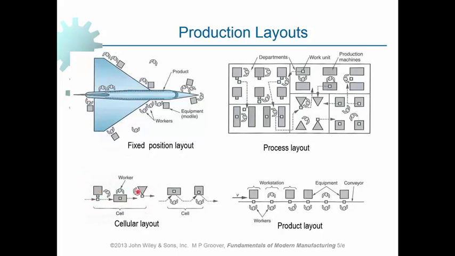So those machines that are required in order to make that given part or that family of parts, they are placed in a machine cell in the right order, and this will increase the productivity of the plant significantly.